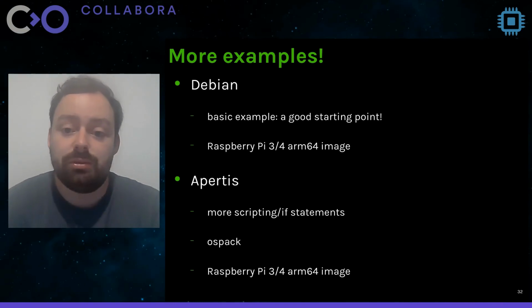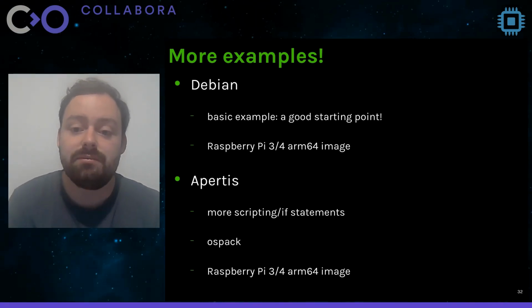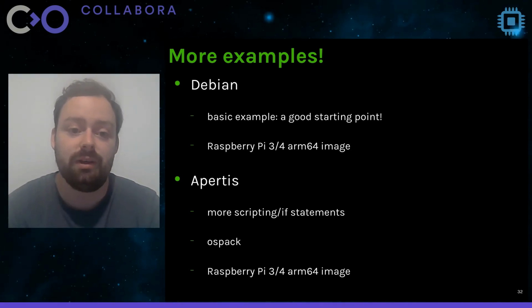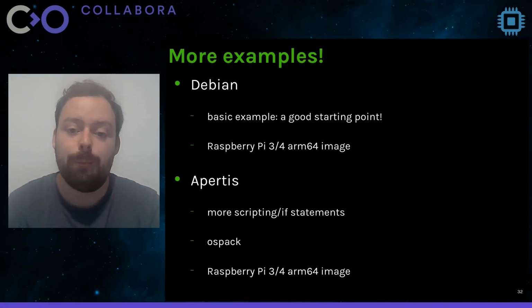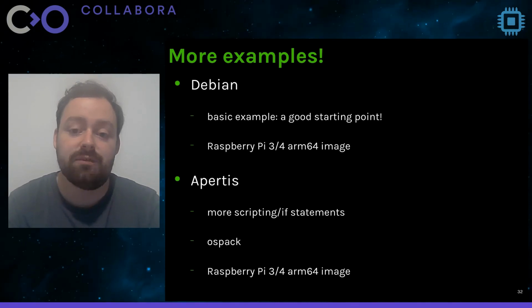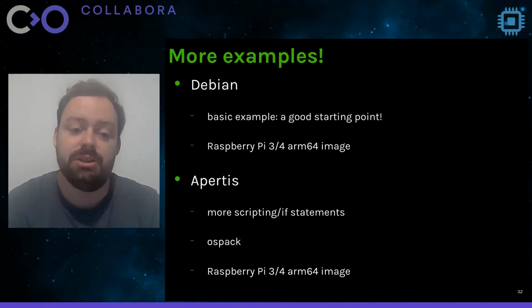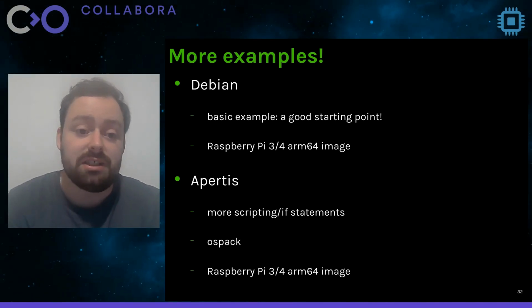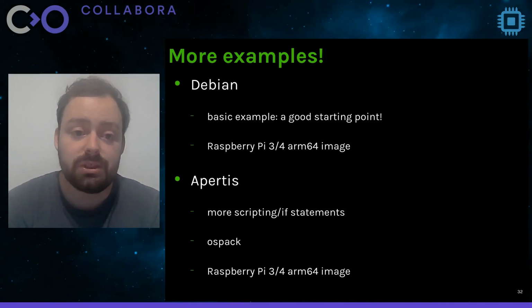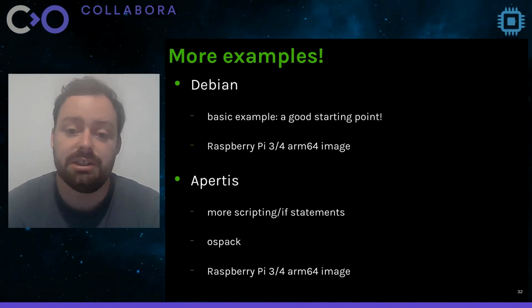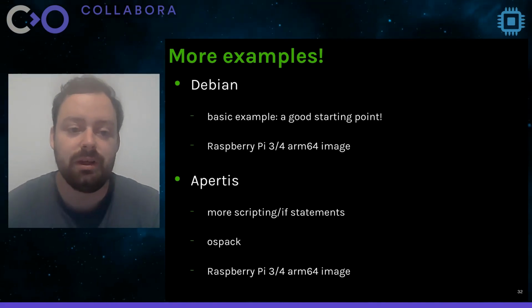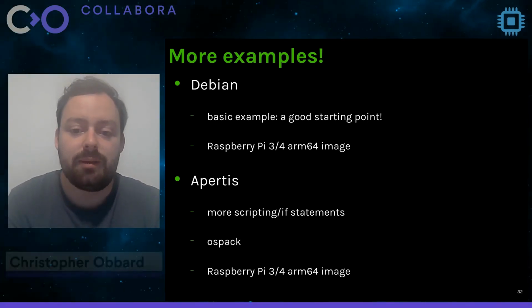We've got some more examples here. We've got a recent Raspberry Pi image which one of my colleagues, Dennis, has created. That's a very basic image which just bootstraps a basic Debian image onto an SD card for you to run. Also, we have Apertis, which is, as I've already said, the automotive operating system by Collabora.